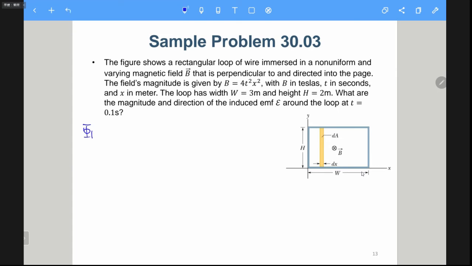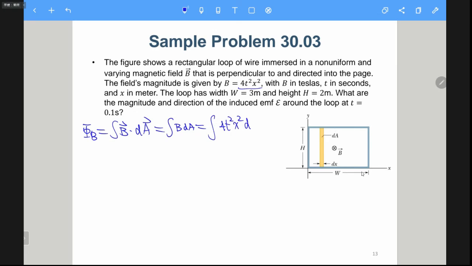So phi B will be the integration of B dot dA. And actually they are perpendicular to each other, so we have only B times dA integration, and B takes this expression: 4t squared x squared.